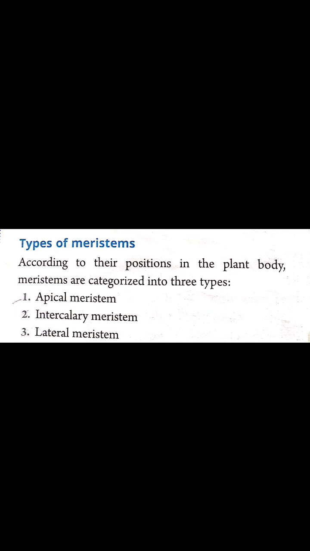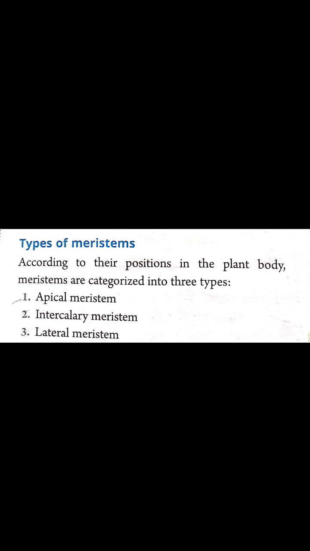Before starting, tissue is of two types, that is plant tissue and animal tissue. And plant tissue is again categorized into meristematic tissue and permanent tissue. So here the types of meristematic tissue are there.